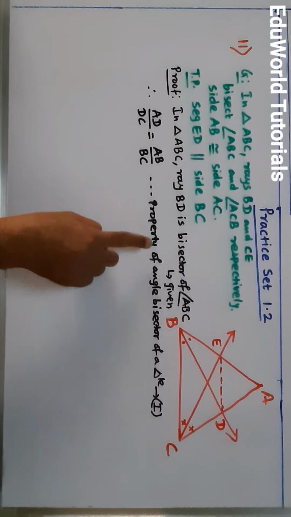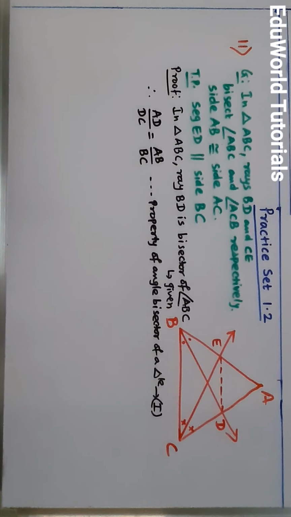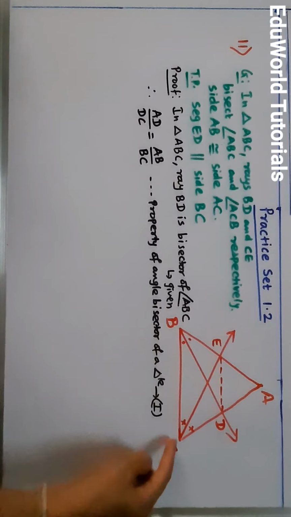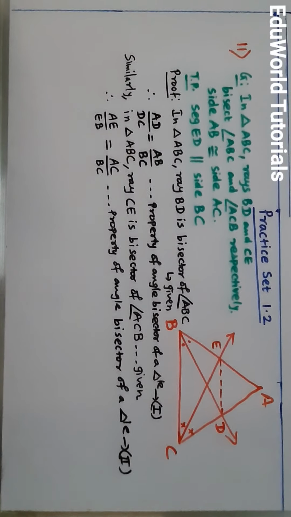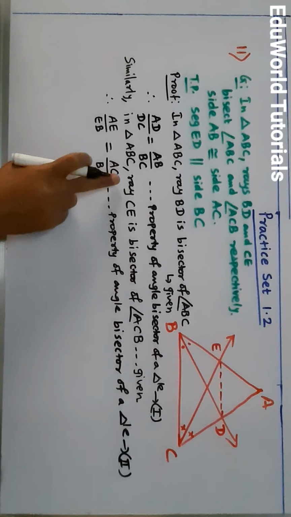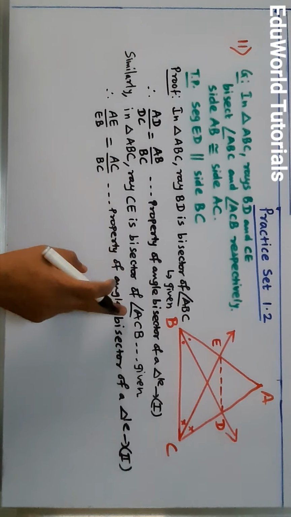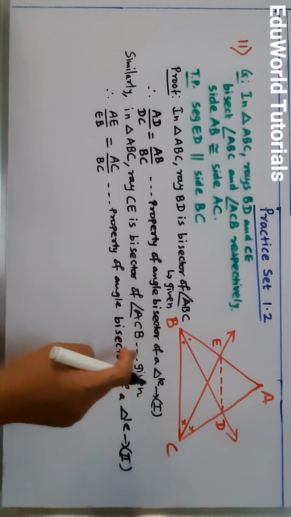We can also write angle bisector theorem, as actually it is given in the textbook. Similarly, we will consider the other angle bisector and write the statement. Come on, you yourself can do. So we can write, similarly in triangle ABC, ray CE is bisector of angle ACB.